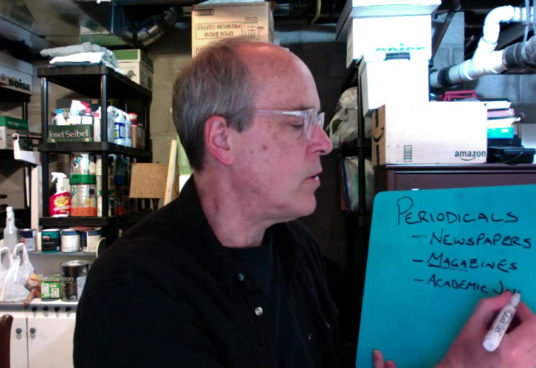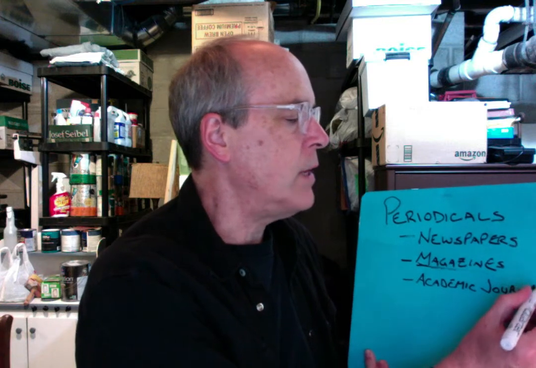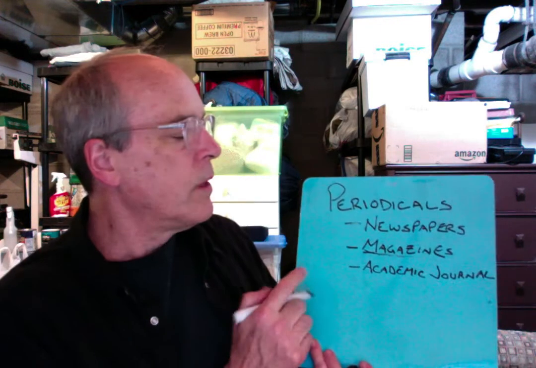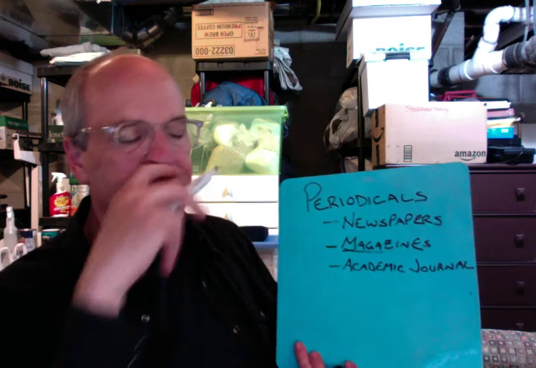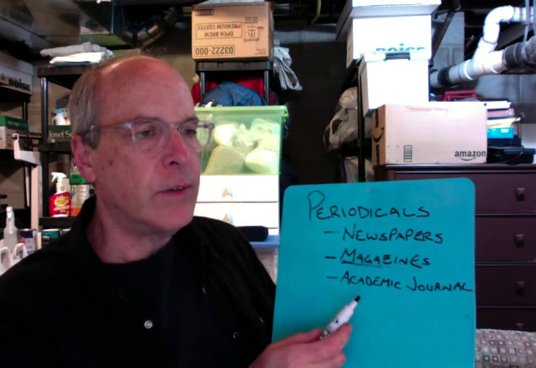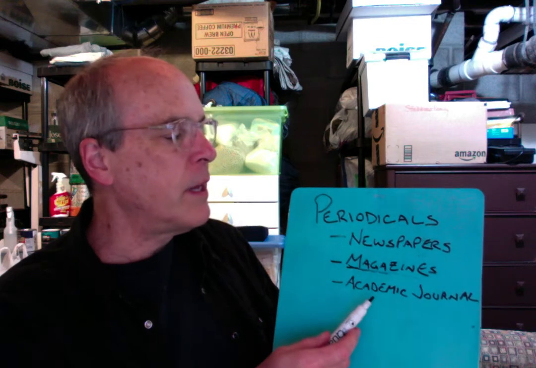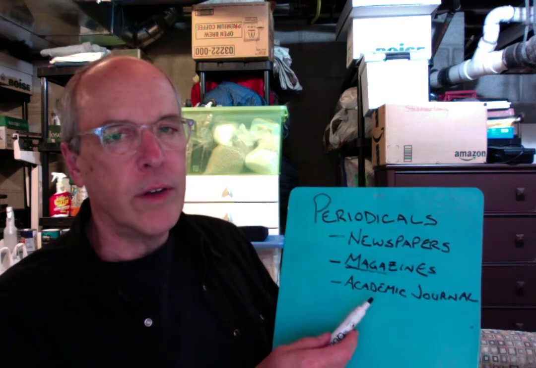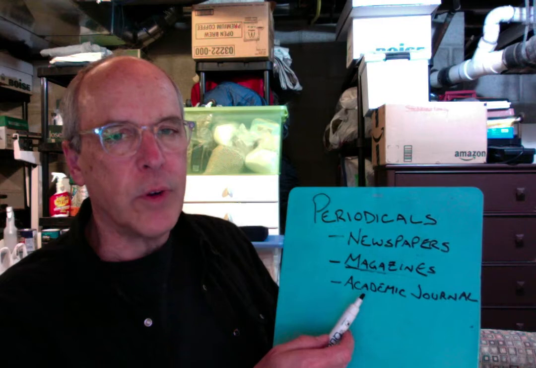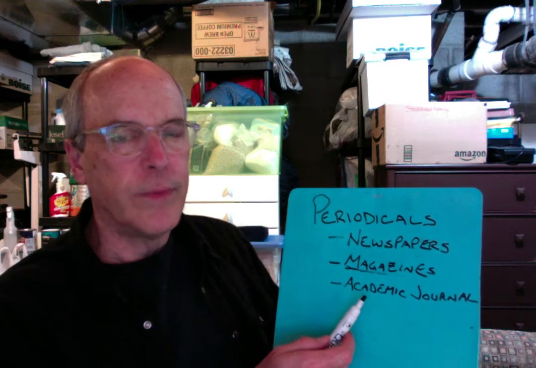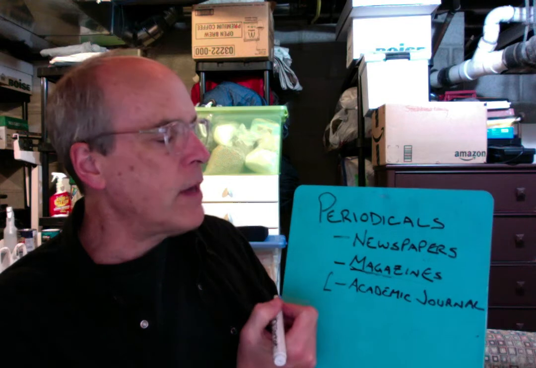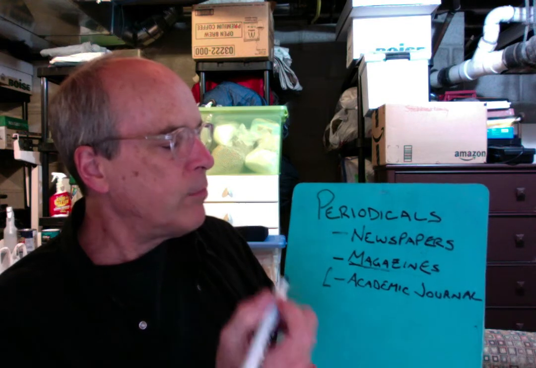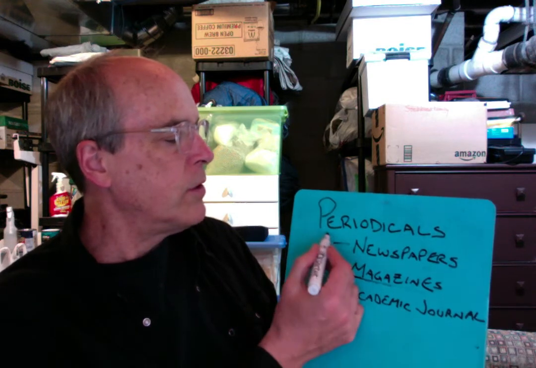An academic journal is kind of a magazine, really. It's a periodical that comes out 4, 6 times a year or something like that. And they have articles written by experts for experts, right? So these are academic journals, or sometimes called professional journals.